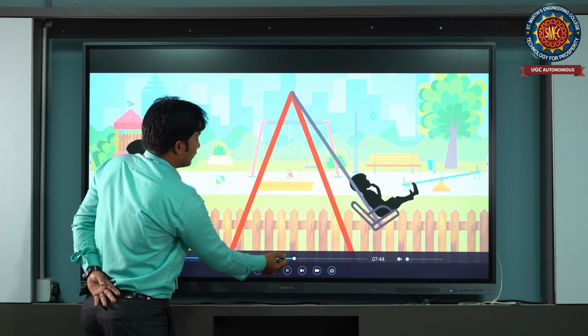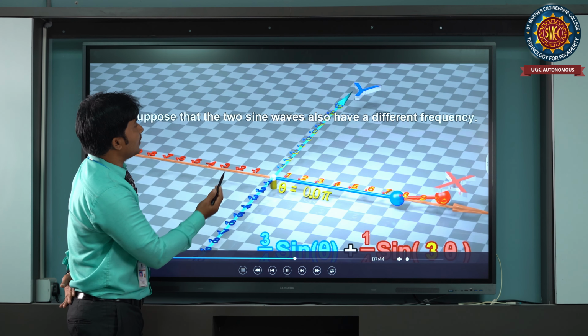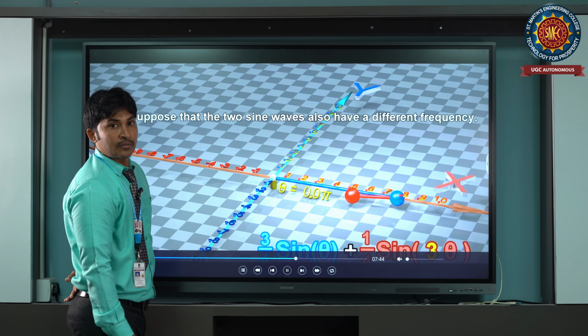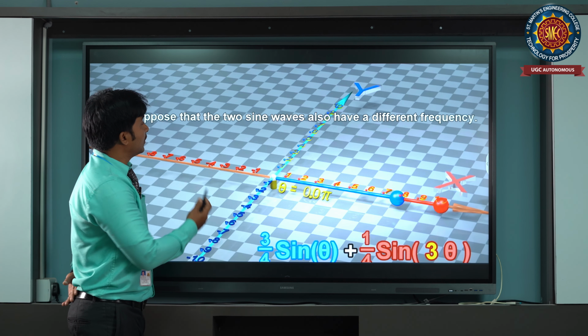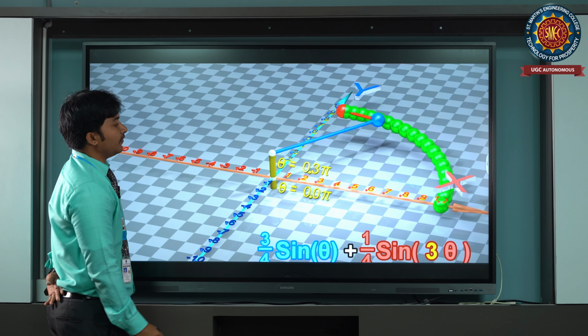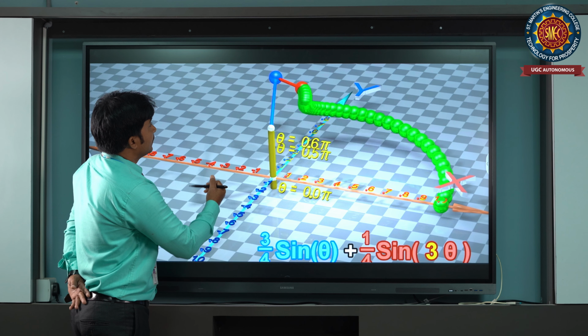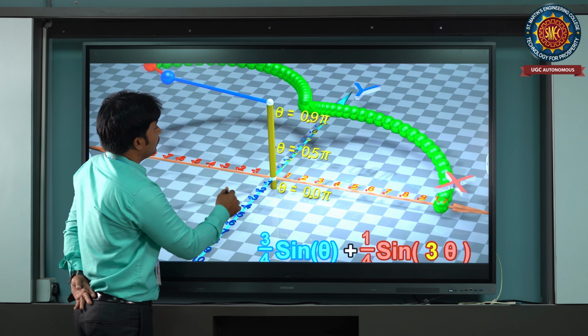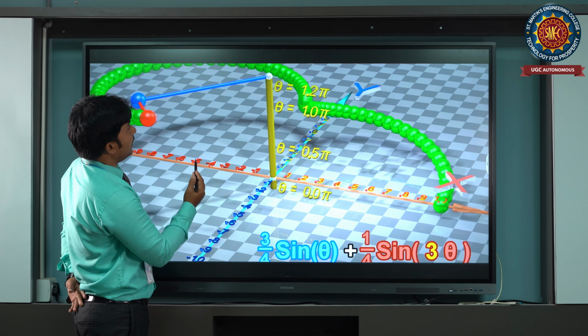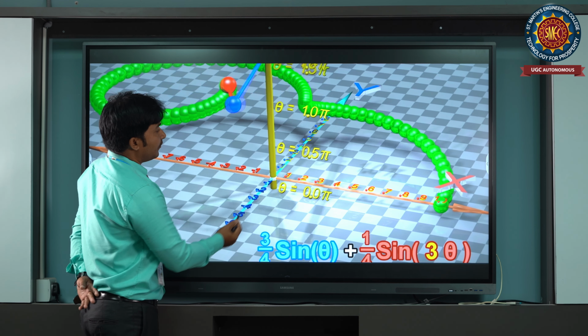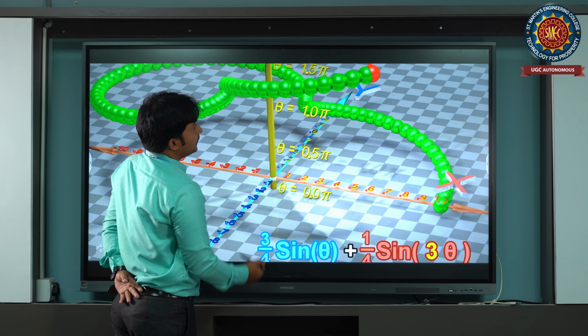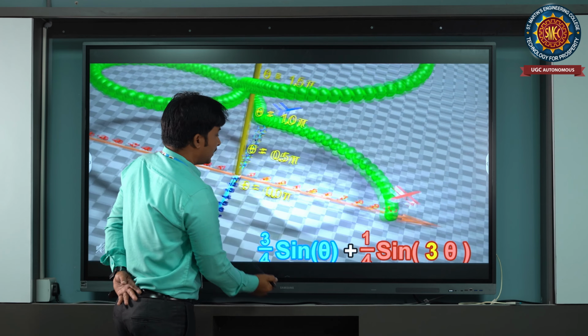Now suppose two sine waves also combine in different ways. This wave is transformed into sin x equal to 0.5, and sin 3 by 4.